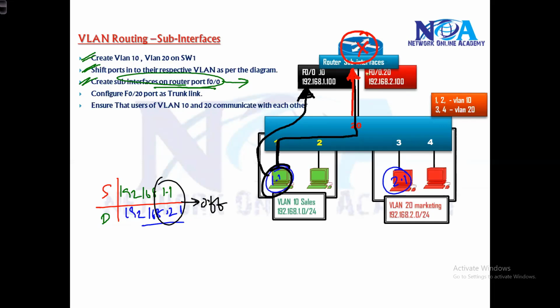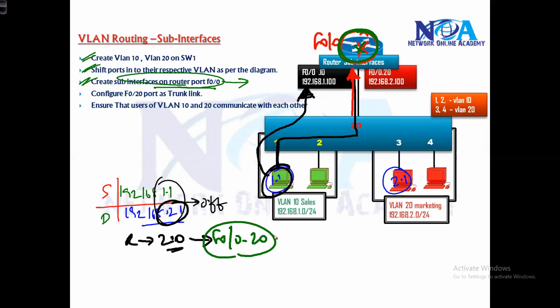Of course, if it is received on subinterface F0/0.10, it means physically it is received on F0/0, because a subinterface is generally a logical interface. Now, once it is received here, the router is going to check the routing table. To go to 2.network, which subinterface do you have to go out of?